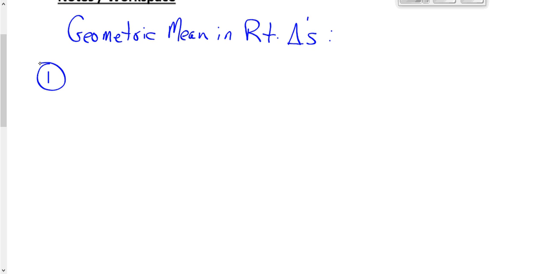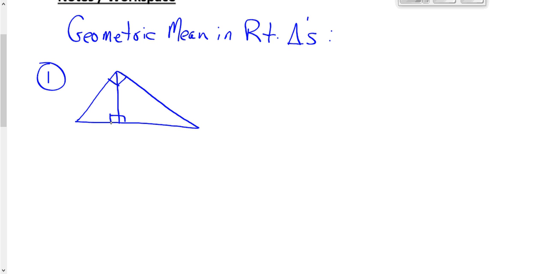So I'm going to draw a right triangle, and I'm going to draw an altitude going to the hypotenuse of that right triangle. So like I mentioned before, that gave you three similar right triangles, didn't it? And all their corresponding sides will be in proportion.